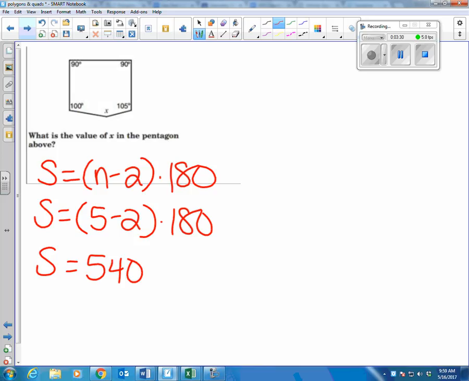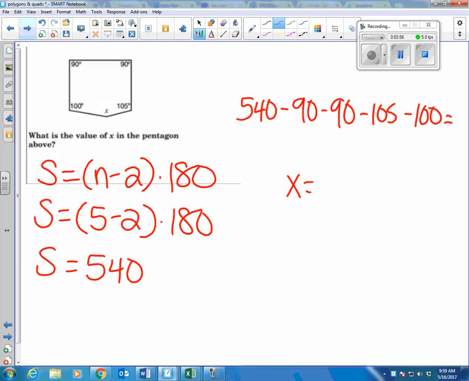Okay? So now I have 4 out of the 5, so I'm just going to subtract them off. I'm going to do 540 minus 90, minus 90, minus 105, minus 100, and whatever's left over is what x will be. When you do that, you get 155.